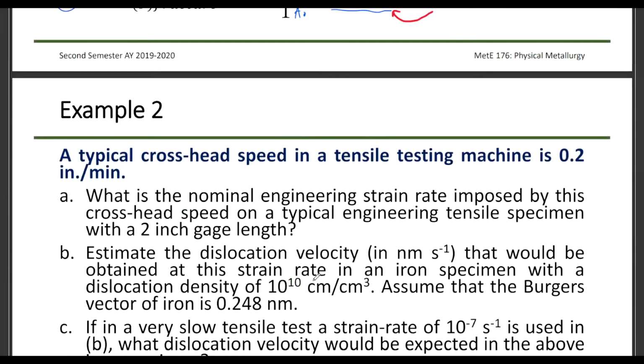Okay, let's do one more example and then we can end the session.